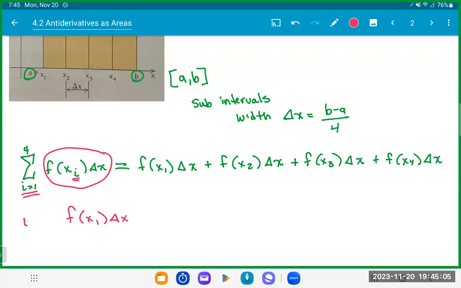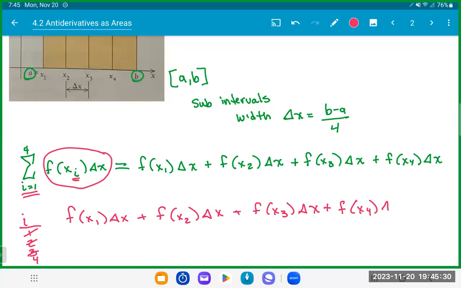Now I increment, so my i was 1, and now I'm at 2, so I do plus f of x2 delta x. Now I increment, I'm at 3, plus f of x3 delta x. I increment, now I'm at 4, f of x4 delta x. Now I increment, I'm at 5, but I was supposed to stop at 4, so I'm done. Does that make sense? Yes.